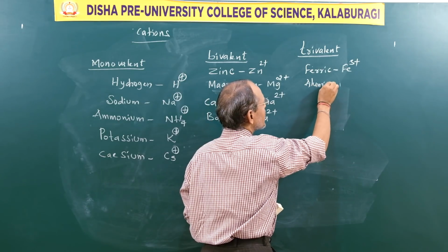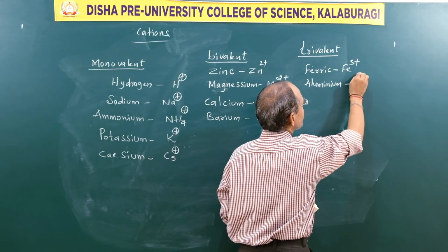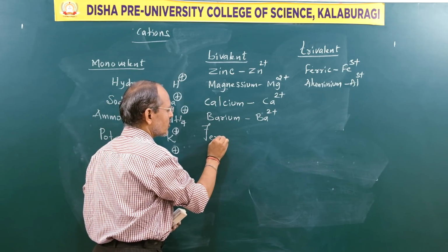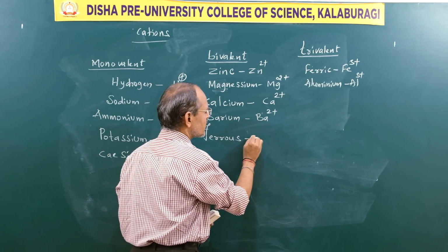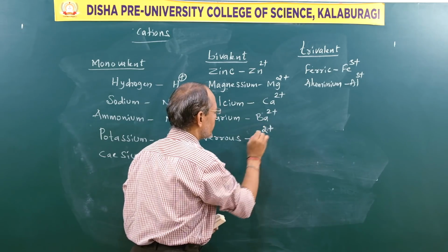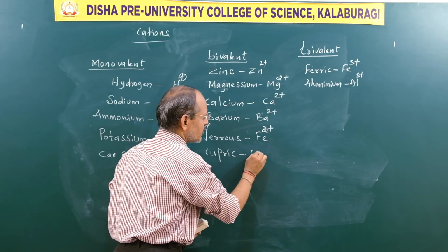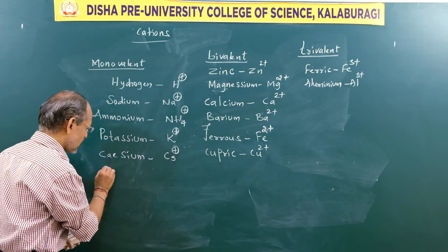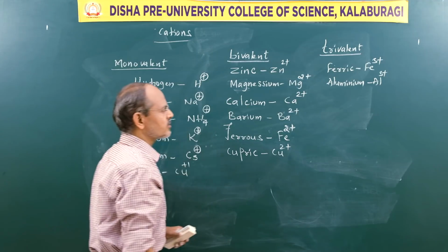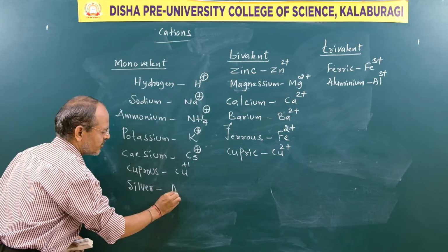Aluminium, that is Al3 plus. Here you can take ferrous, Fe2 plus. Cupric, that is Cu2 plus. Here you can take cuprous, it is Cu plus 1, like that. Or you can take silver, that is Ag plus.